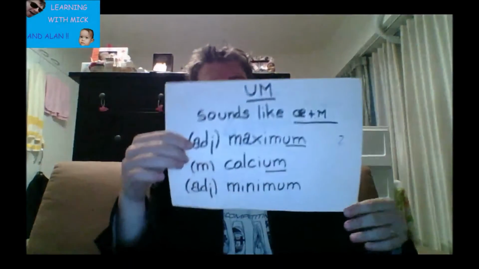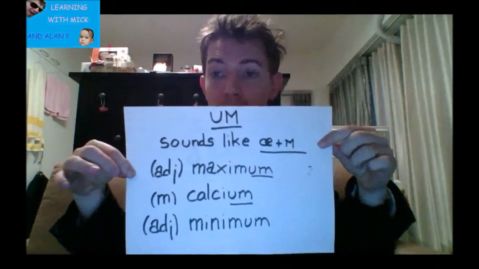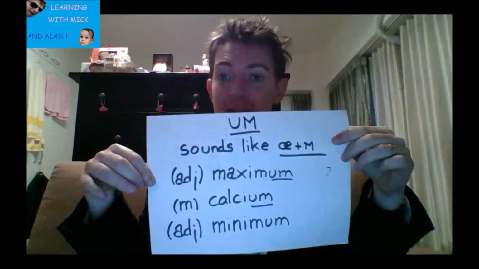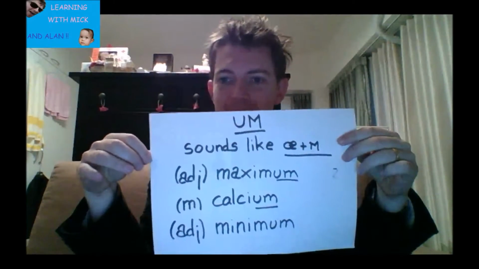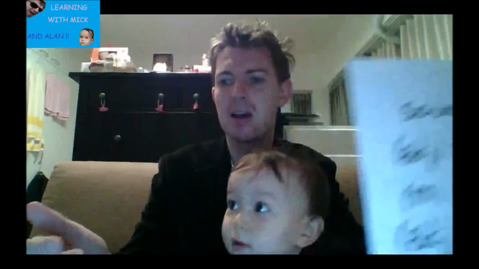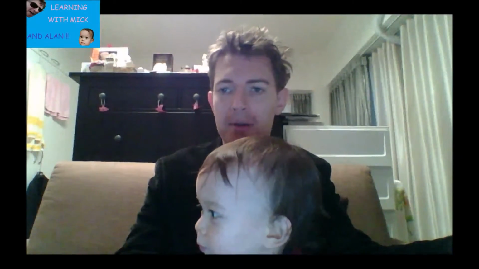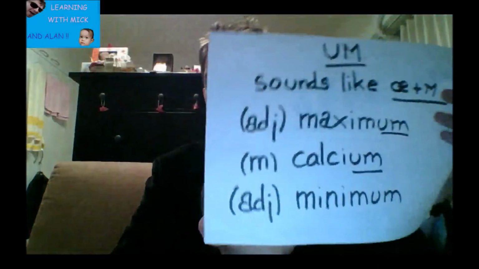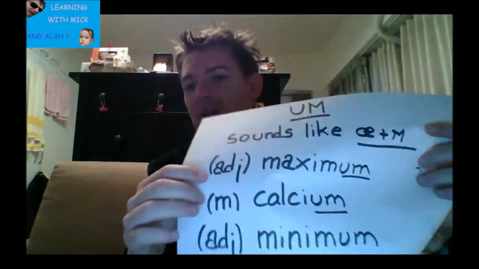Now, U plus M. It's rare, usually pronounced at the end of words, and it comes from words that come from Latin. A lot of words in French either have Latin roots or are directly taken from Latin, such as this selection of words.